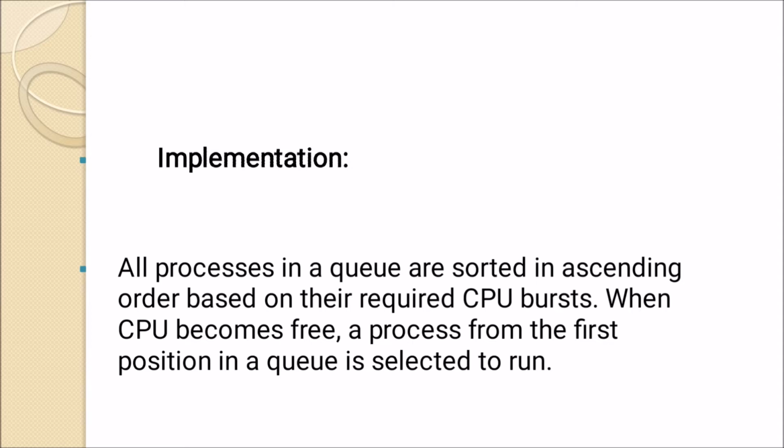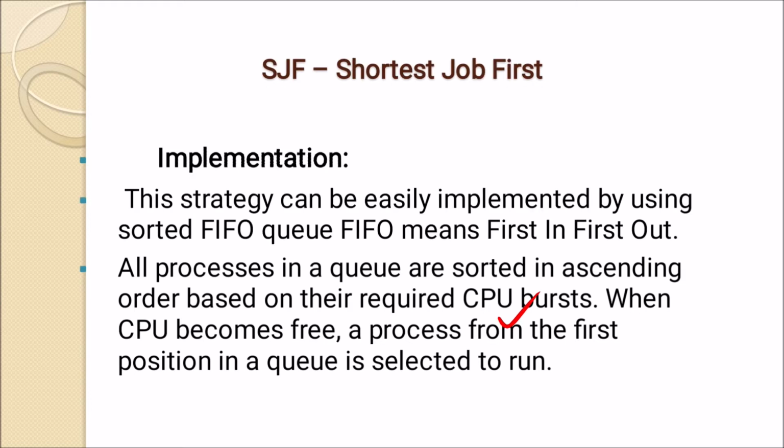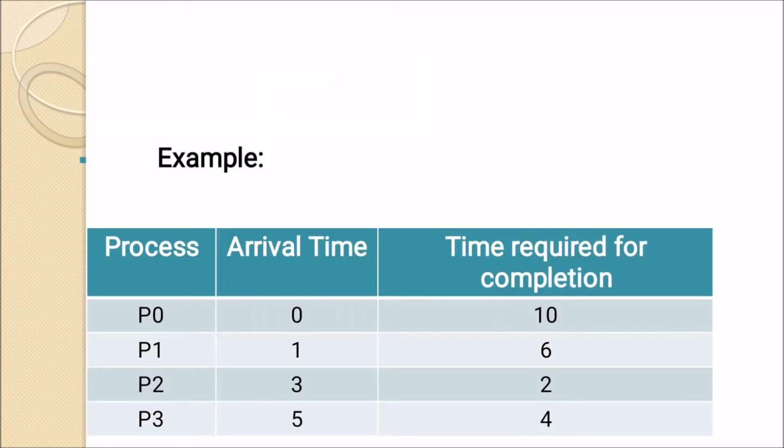So basically, the processes are sorted in ascending order first, based on their CPU requirement time, which is called CPU burst. This strategy can be easily implemented using a sorted FIFO queue. Sorted FIFO means first in first out, but it must be sorted.